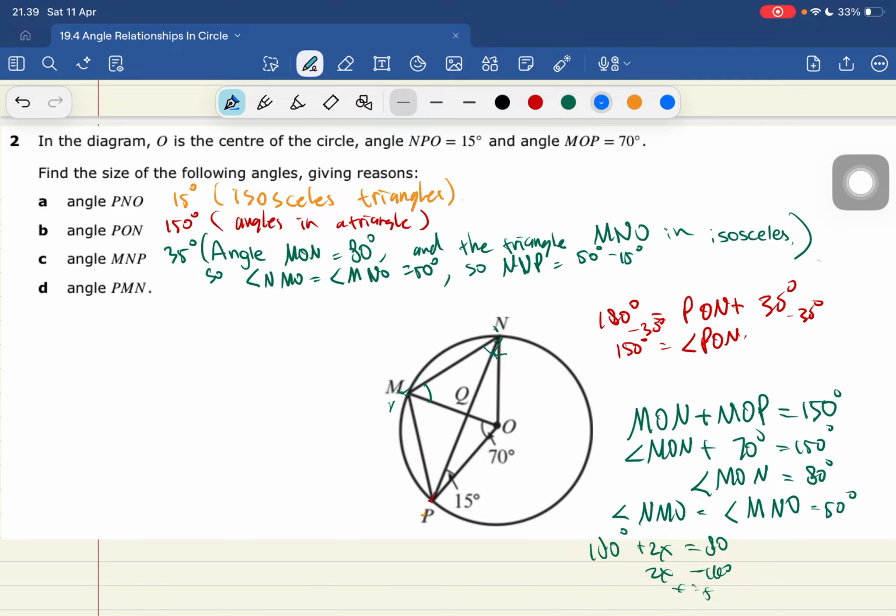The last, let's find PMN. Where is P, M, N?